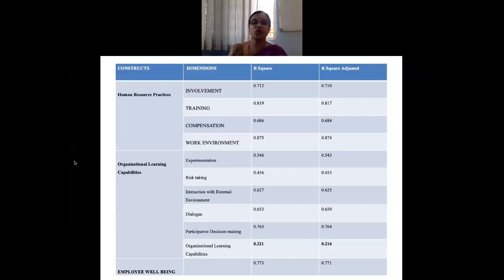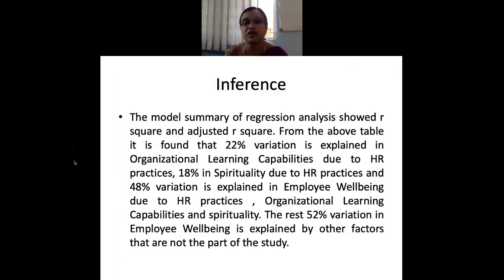Again, when it comes to organization learning capabilities, you can see the various coefficients, and based on that you need to draw inferences. This is when it comes to R square and adjusted R square. See, now I've just given you an idea of how you write an inference. So the model summary of regression analysis showed R square and adjusted R square.